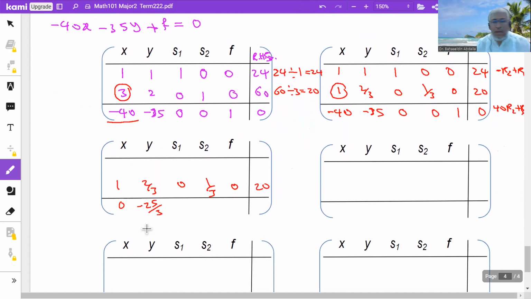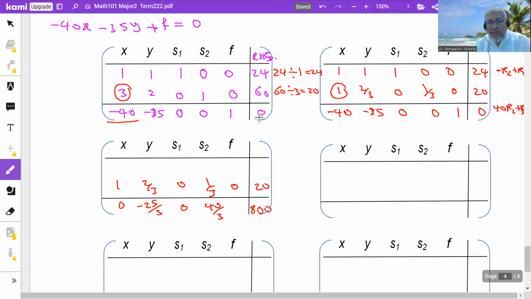Okay. And 0 will not change anything. Now 40 over 3 plus 0. And 40 times 20, 800 plus 0, so I'll have 800 here.